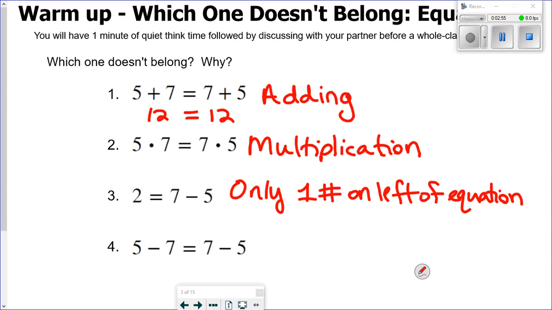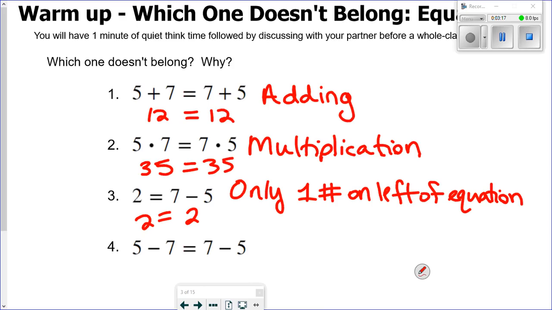If you perform the operations in equation 2, 5 times 7 is 35, and 7 times 5 is also 35. So they are equivalent, which also makes them true. If you perform the operations in problem number 3, 7 minus 5 is in fact 2, which is equivalent to 2, so again, is true.